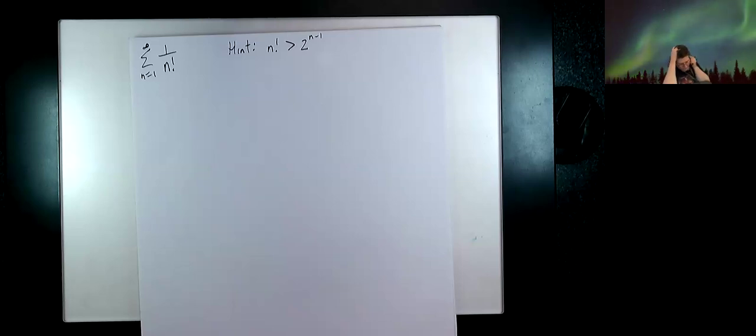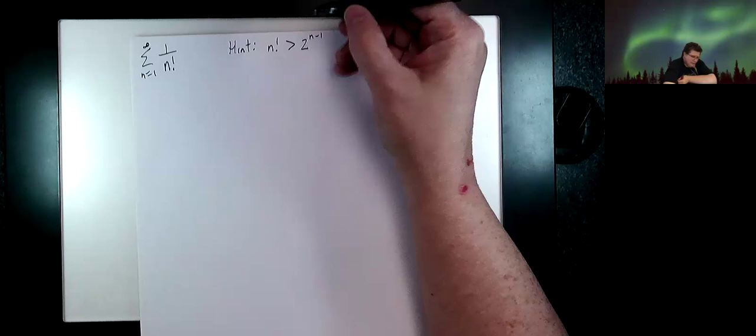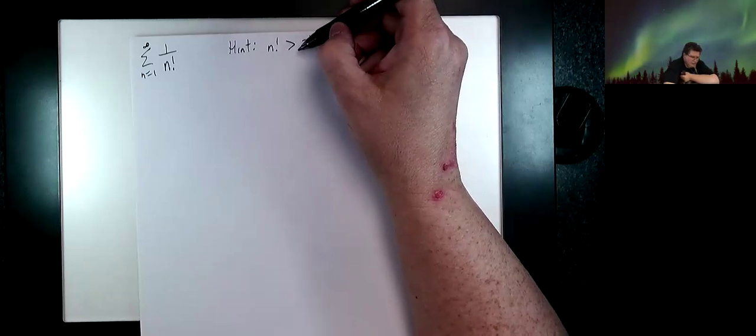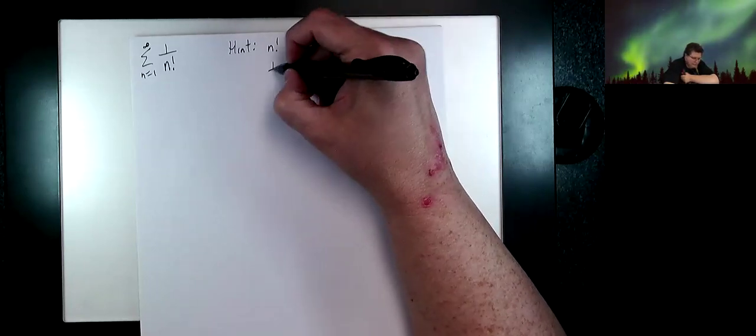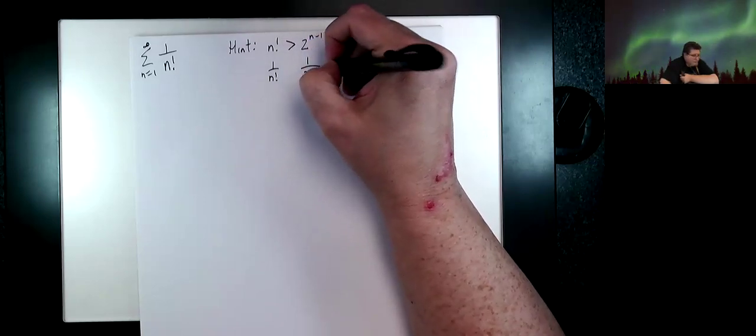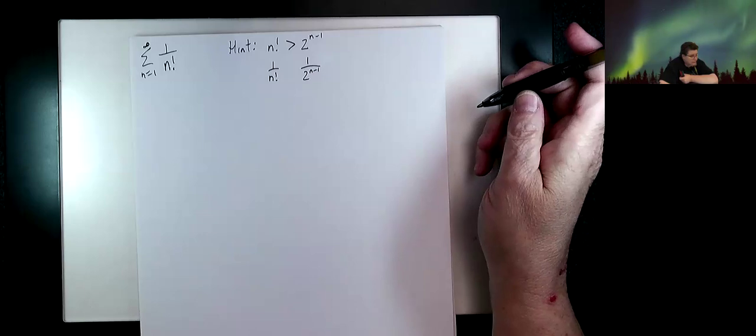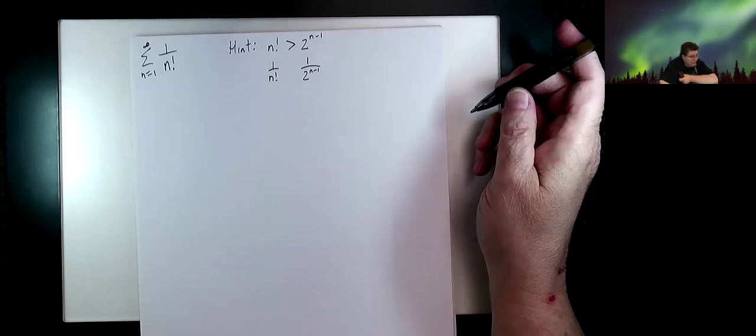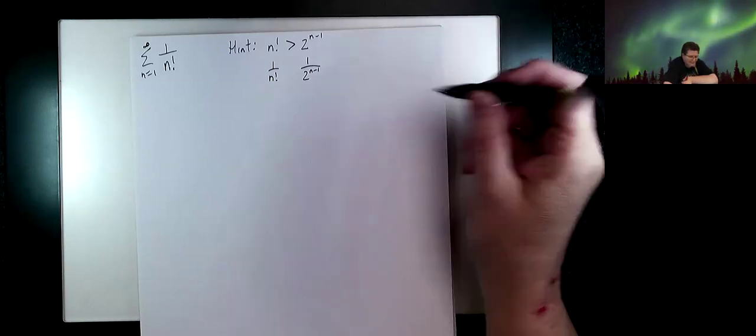There's other things we'll do with factorials, but we haven't hit that yet. So if this is true, what is the relationship between 1 over n factorial and 1 over 2 to the n minus 1? It'd be less than.